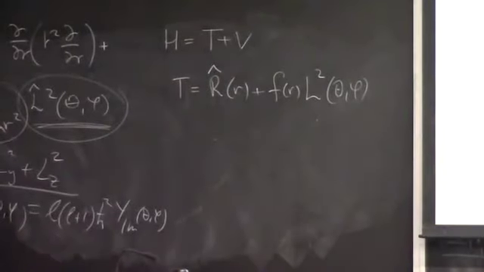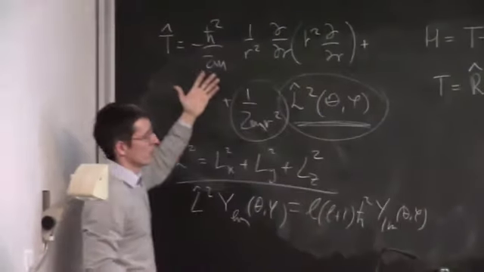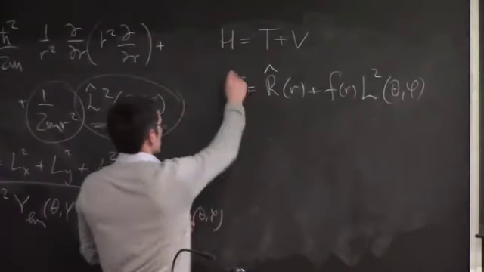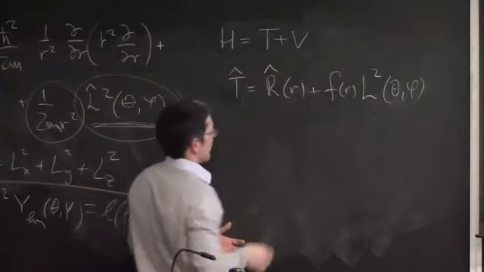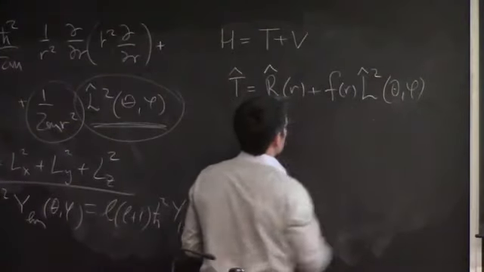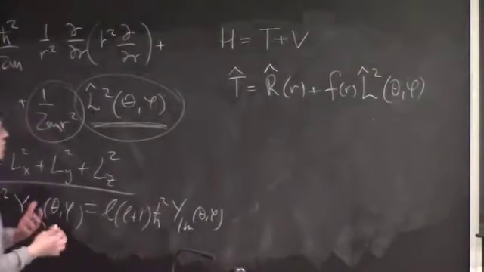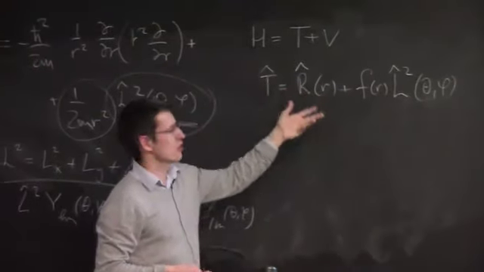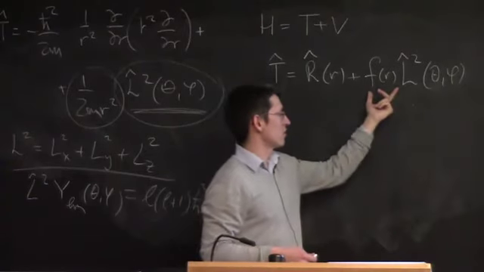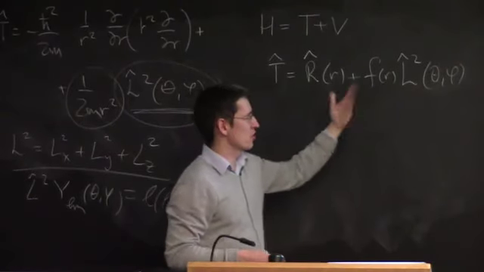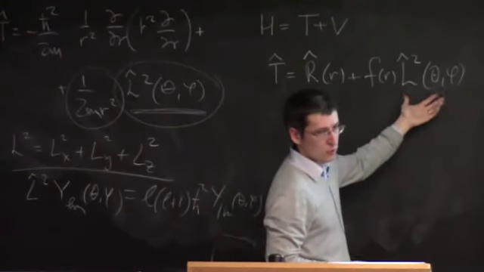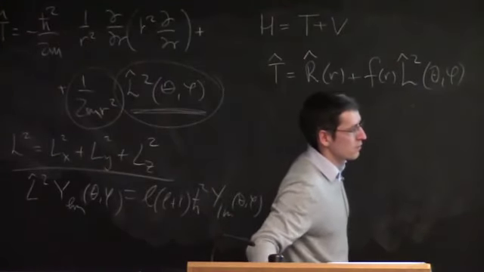Right, so essentially I copied this expression in this form. What this form tells me is that I put a hat just to show that this is an operator, so it has some differentiation in it. This is just a function, so it doesn't have any differentiation, it's just a multiplication by a function. This is also an operator, and we know how to treat it.